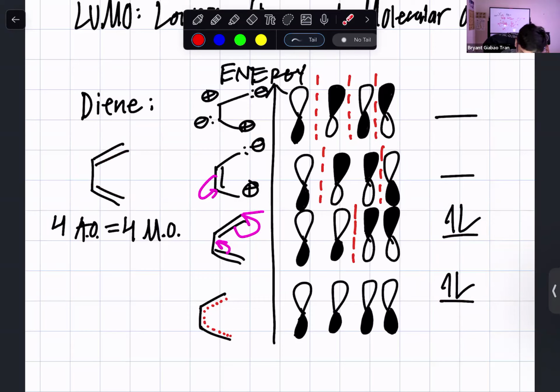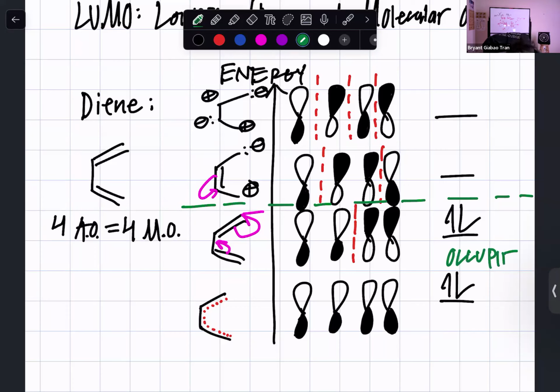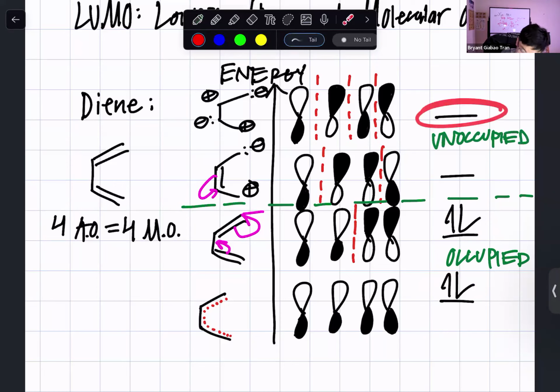So now notice how we have an occupied region, right? Occupied, which means that these orbitals here are occupied with electrons, and an unoccupied region, right? These orbitals here are unoccupied with electrons. There's no electrons there, right?